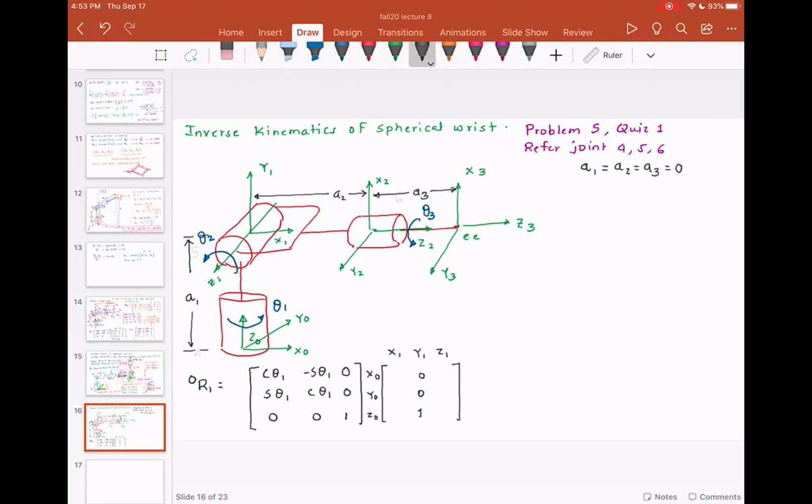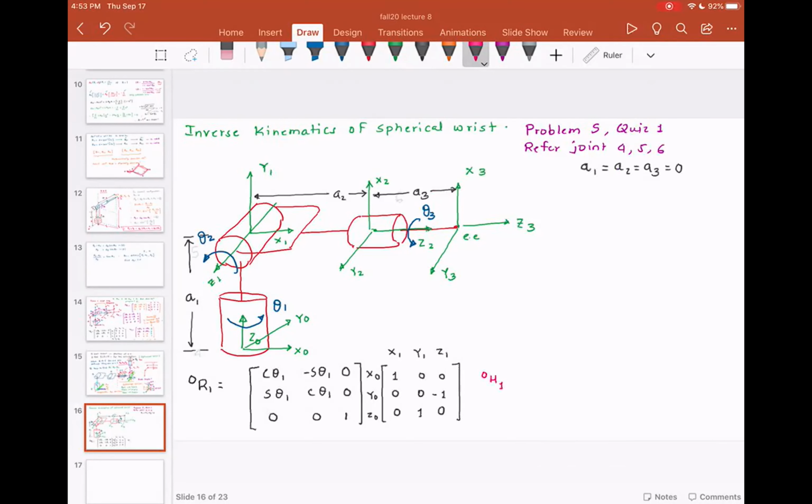The projection of x1 is 1, and the projection of z1 is minus 1 on y0. So when I perform this multiplication, I should be able to formulate the homogeneous transformation matrix.